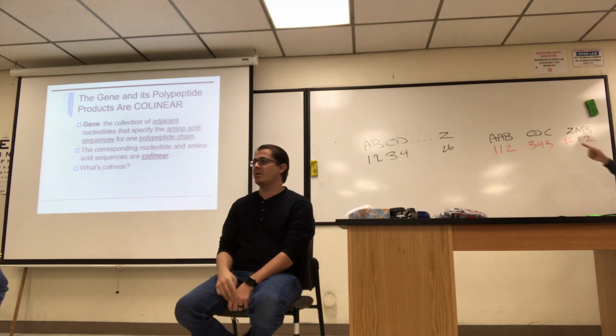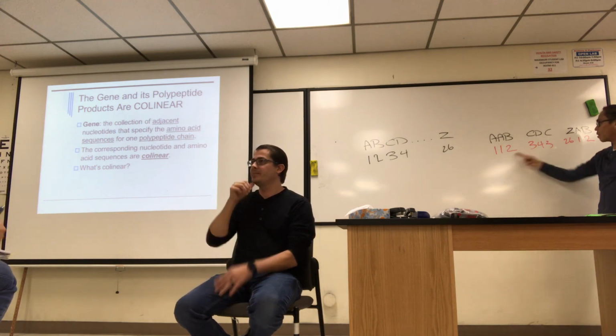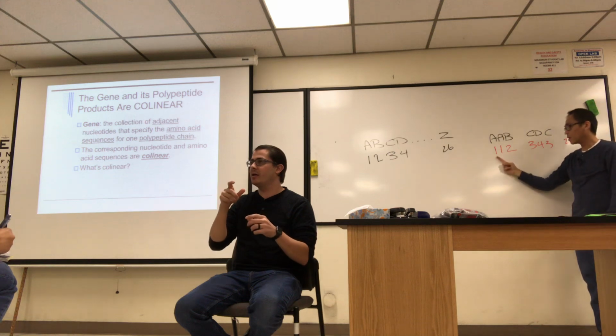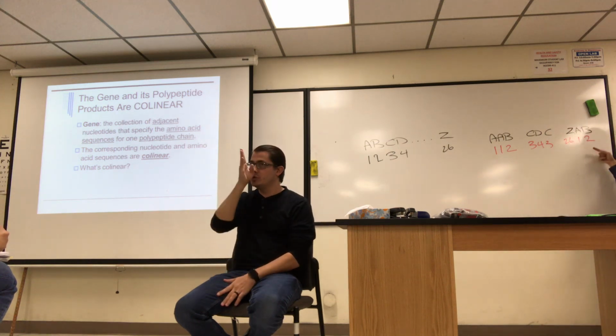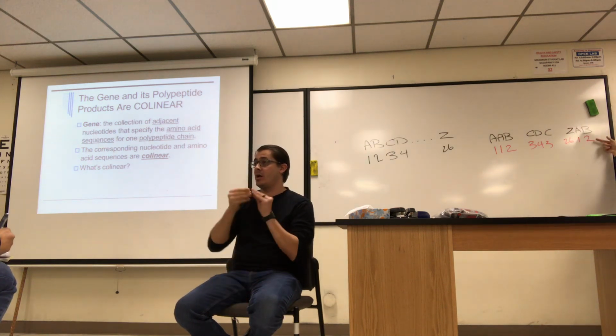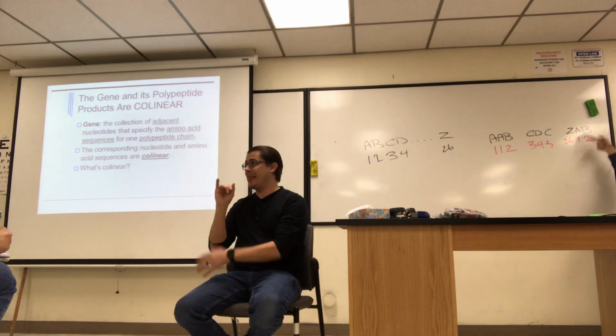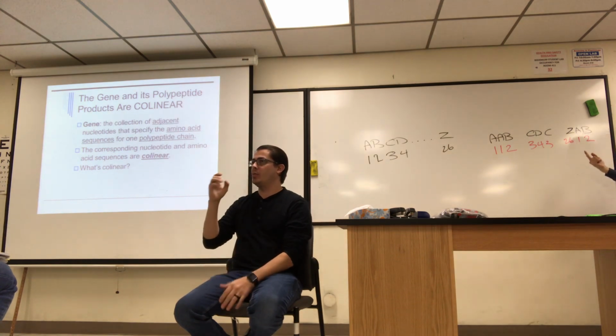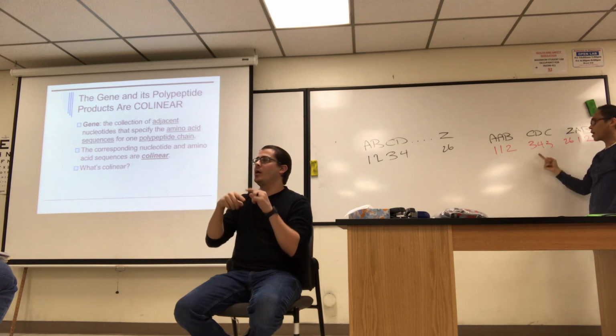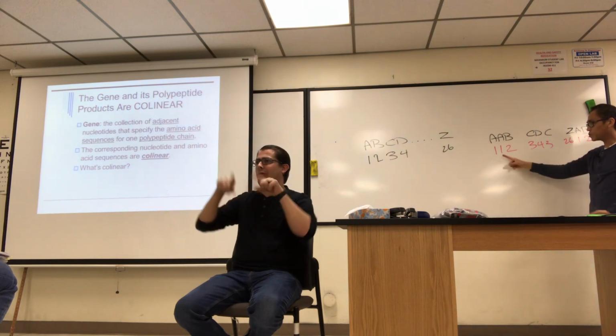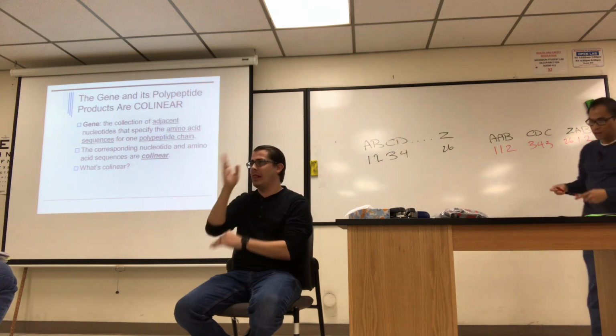And I did it linearly, from one way to the other. It's not random. I didn't jump all around. I went in a line, and my number was collinear with my alphabet code. That's all it means. When you decode, you don't jump around or go in some weird order, you just go in a linear fashion.